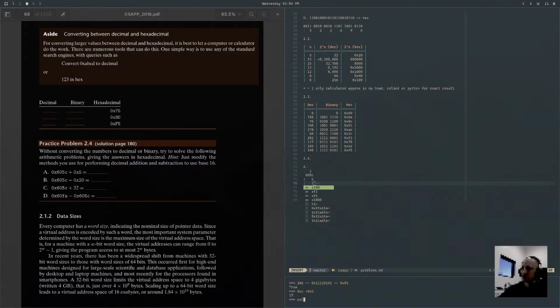So I have to say hex of underscore. What the hell? How is that BD? Yeah, it's 1, 1.